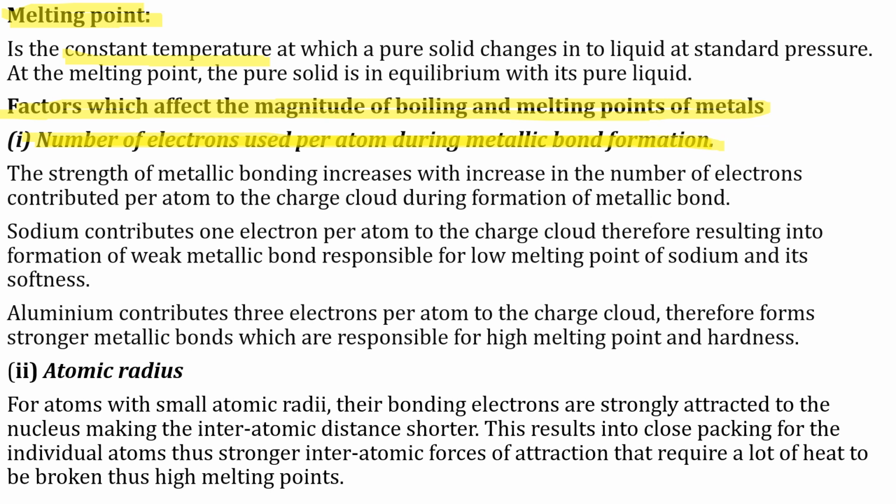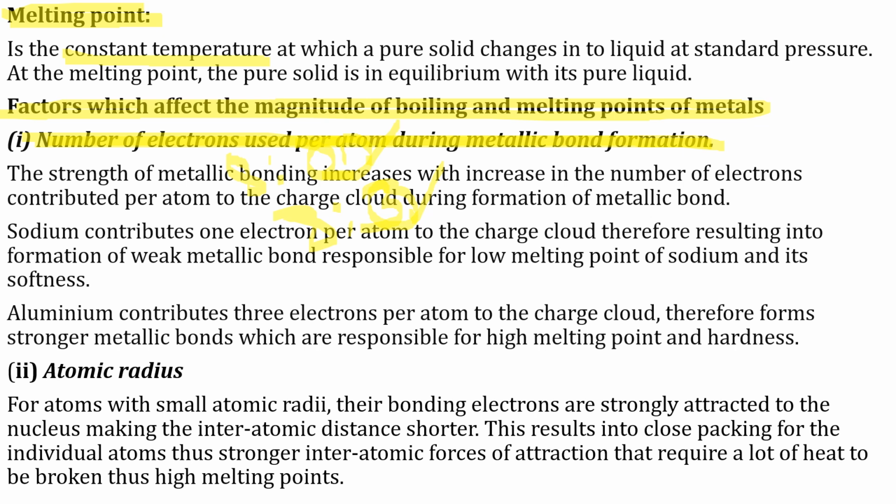Magnesium ends with 2.8.2, and aluminium ends with 2.8.3. So that means aluminium is going to provide 3 electrons for metallic bonding, whereas magnesium is going to provide 2 electrons. So we expect the metallic bond for aluminium to be stronger than magnesium, because aluminium is providing 3 electrons for metallic bonding, whereas magnesium is providing 2.